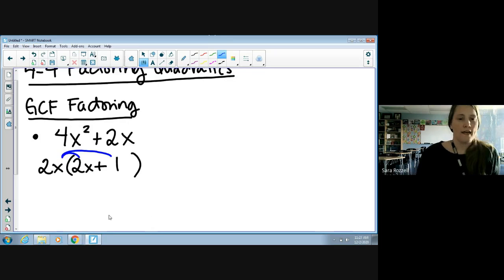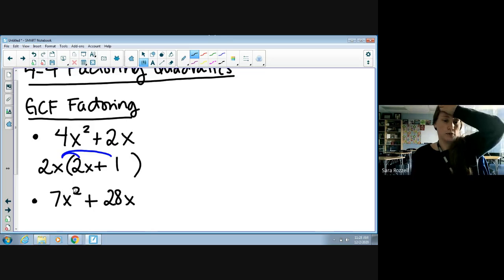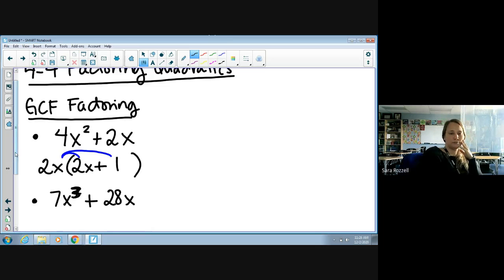Okay? All right, I'm going to give you guys one to try right now, see how you do. Let's go with 7x squared plus 28x. Actually, let's change it to cubed. 7x cubed plus 28x.